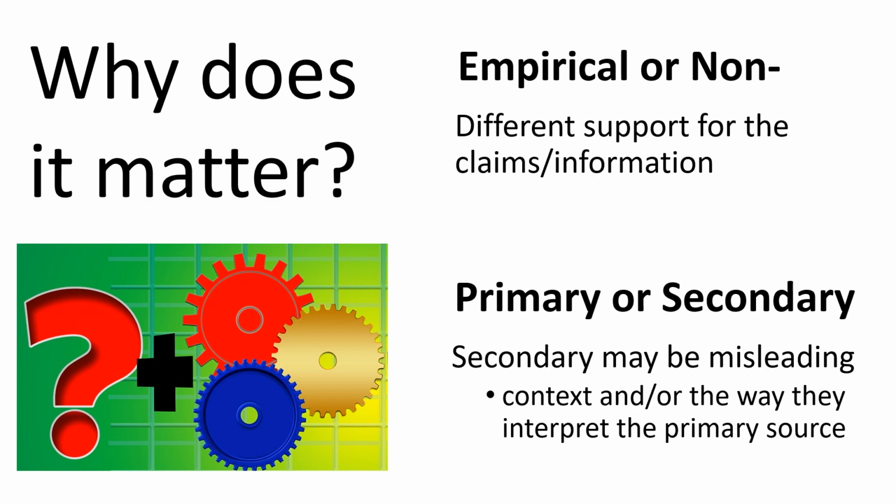Those differences relate to a number of the questions for scientific literacy you're learning about in this module. If we're asking about the supporting evidence for a claim, whether it's substantiated, then we'll need to consider non-empirical and secondary sources with a little bit more skepticism. All of the types of sources could reflect unwarranted assumptions, but they may be a little bit more challenging to identify in non-empirical and secondary sources.